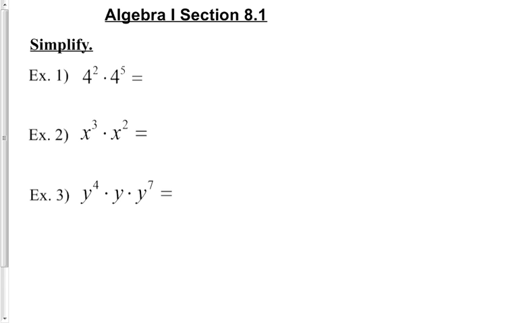So example 1, it says 4 squared times 4 to the 5th power. What's that going to equal? If we write it out, 4 squared would be 4 times 4. 4 to the 5th power would be 4 times 4 times 4 times 4 times 4. So there's 5 of them.